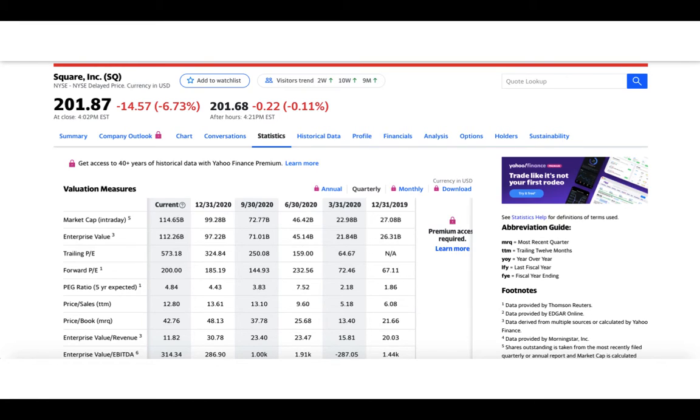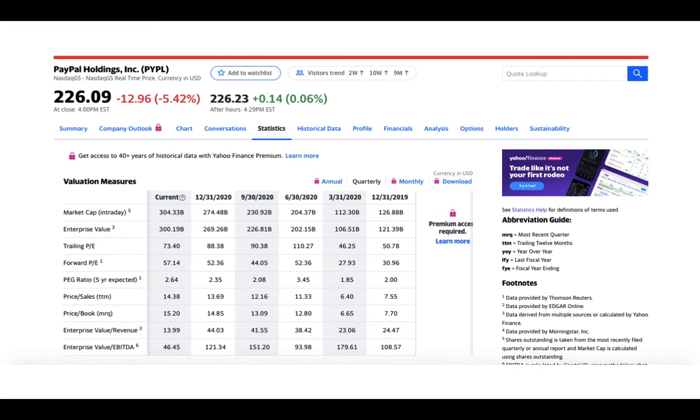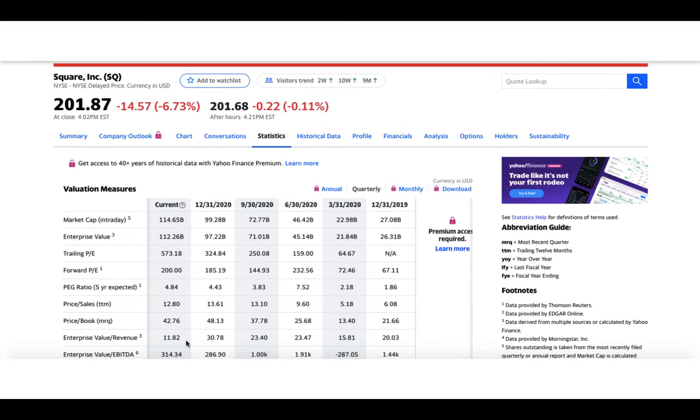So, comparing this to another company that does kind of the same thing, we have PayPal, which also deals with online cash transactions. And as you can see here, without going over all of these again, it's significantly lower. So this means that this company is essentially valued less than Square.